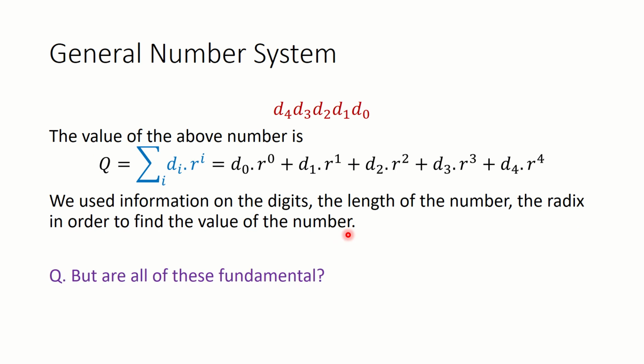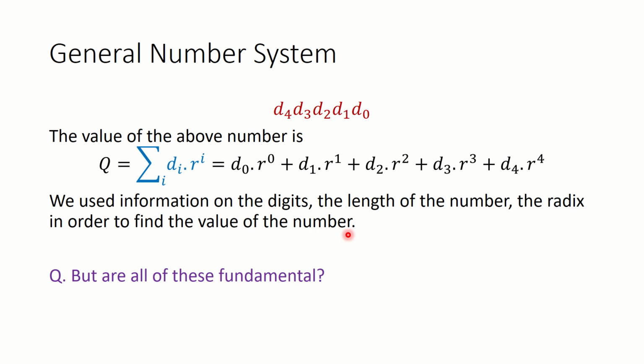However, are all these fundamental? So, that is the question. Fundamental means what is the minimum information that you needed. So, do all these constitute the minimum amount of information that we need, or is one related to another?